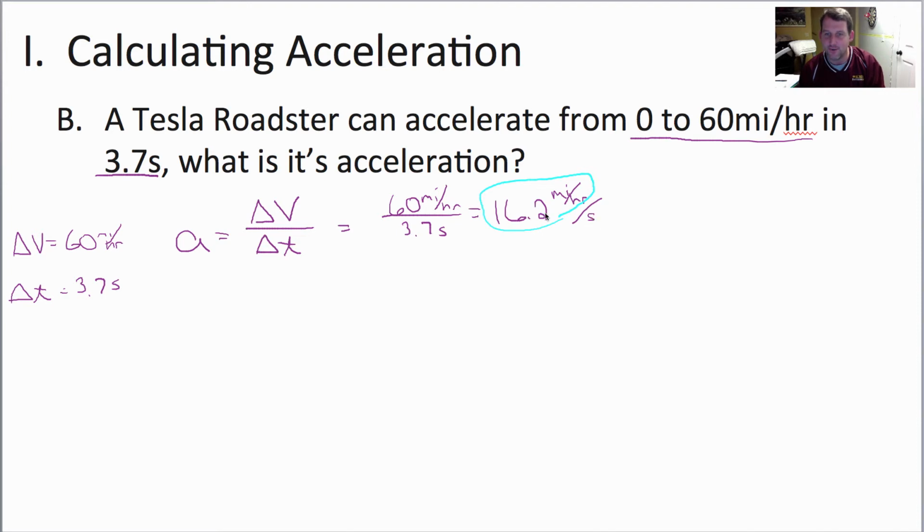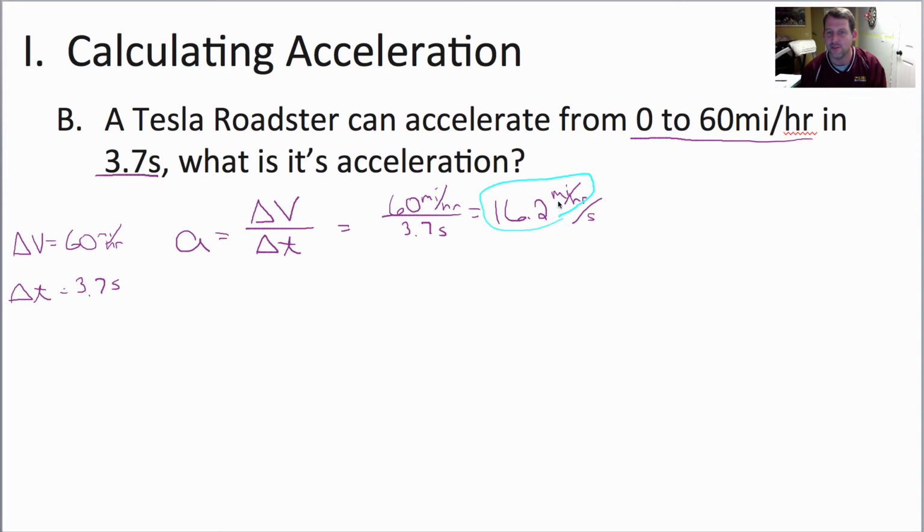So after 1 second, we're going 16.2 miles per hour. After 2 seconds, we'd be going twice as fast, which is 32.4 miles per hour. And then 48.6 miles per hour in 3 seconds. So every second you speed up that much. And if you speed up this much every second, in 3.7 seconds, you'll be at 60 miles per hour.